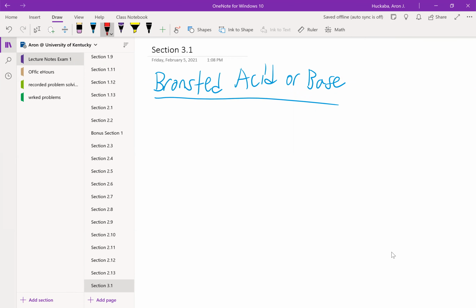So in this reaction, let's do the reaction that makes volcanoes happen, or at least science experiment volcanoes happen.